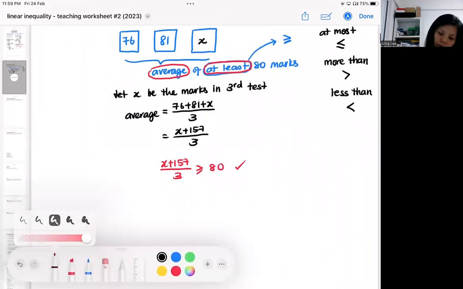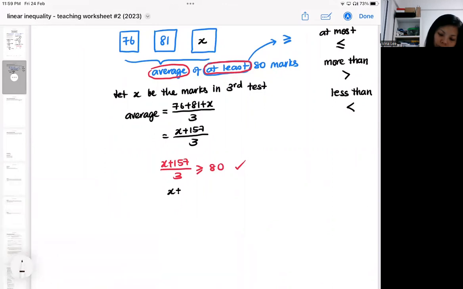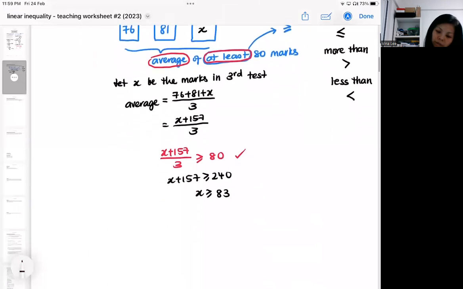After you form the inequality sign, you solve as usual, but you must remember to answer the question. So after you solve as usual, what is the lowest mark? So the lowest is 83 marks.